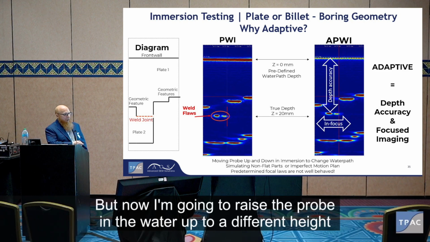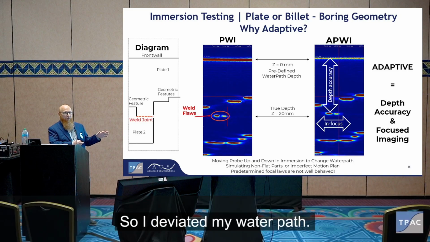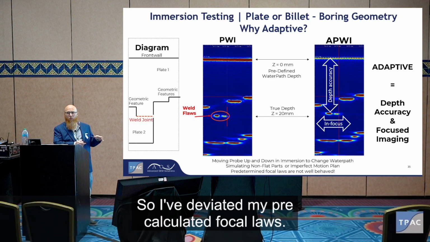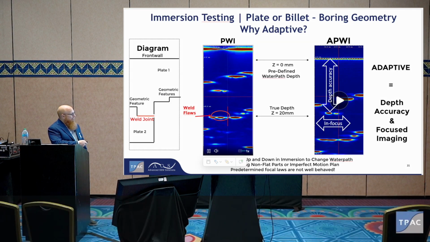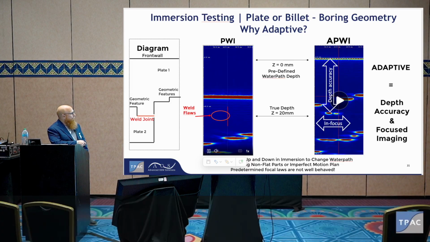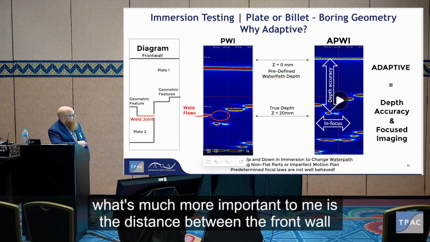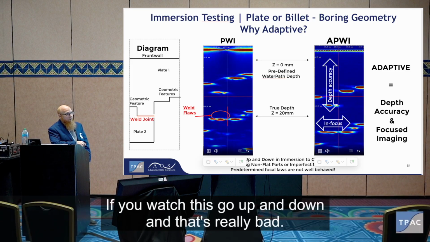But now I'm going to raise the probe in the water up to a different height and lower it to a different height. So I deviated my water path. So I've deviated my pre-calculated focal laws. And what happens is these features both blur and unfocus, as well as, what's much more important to me, the distance between the front wall and the features becomes misrepresented if you watch this go up and down.